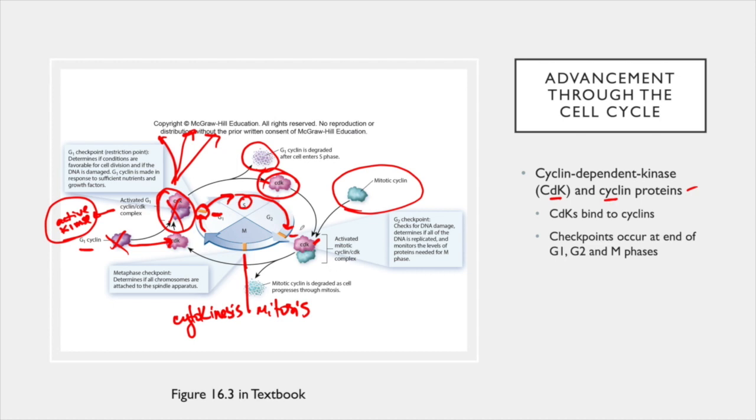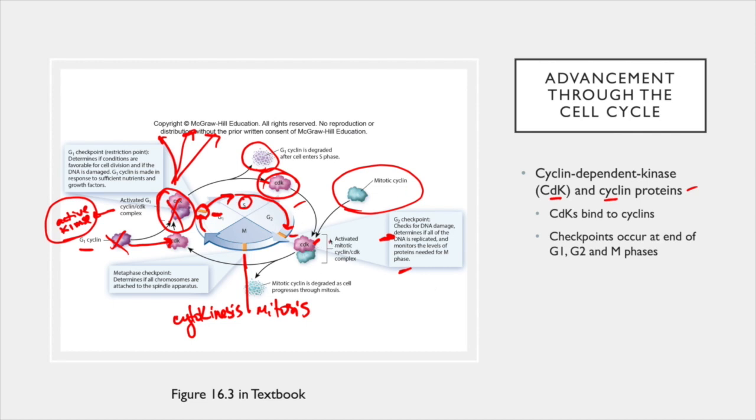In addition to this, DNA has been replicated, so both within the S phase as well as in the G2 phase, we're also looking for DNA damage. So we're double checking, and things like DNA polymerase 1 and DNA polymerase 2, which are part of the repair mechanisms for DNA damage, will also be active, and they're going to be checking that genetic material prior to compaction to make sure that everything was copied properly.